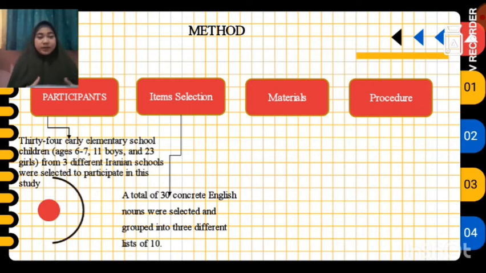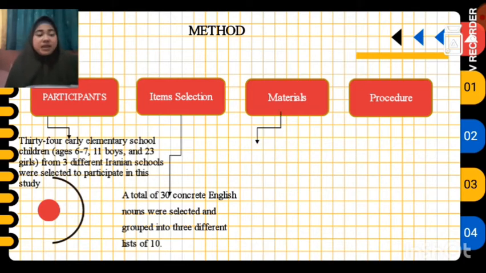All words were matched by number of syllables, imagery value, and concreteness value in order to control for potential confounds created by the use of different words.